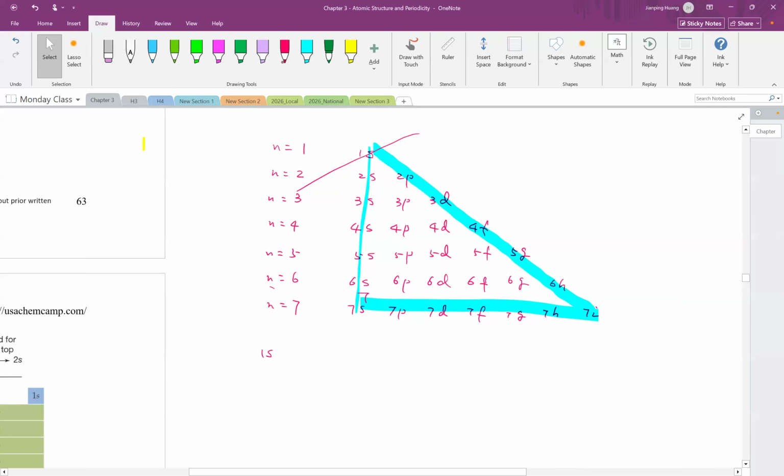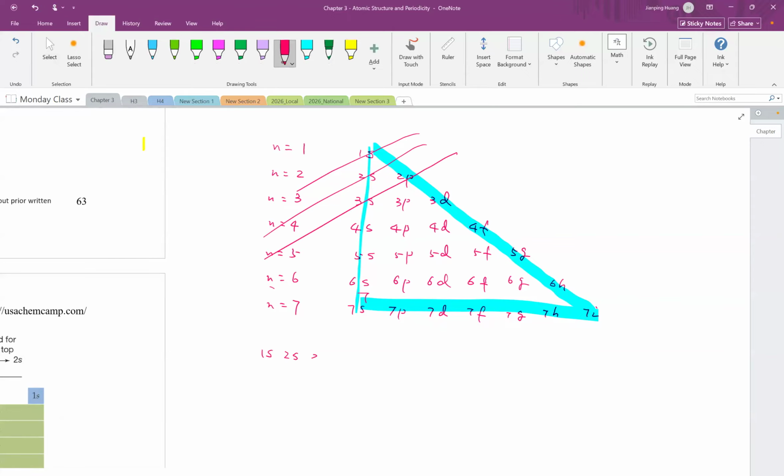What's the next orbital? 2s. What's the next orbital? 2p, 3s.